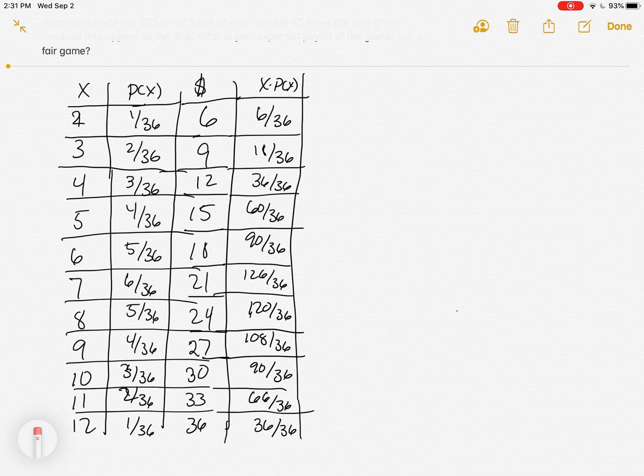So we're still not done. The expected value of what we need is going to be the sum of these x times p of x's that we just found. So I'm going to try to do it in a logical way. I'm just going to add the numerators. 6 plus 18 plus 36 plus 60 plus 90 plus 126 plus 120 plus 108 plus 90 plus 66 plus 36 equals.